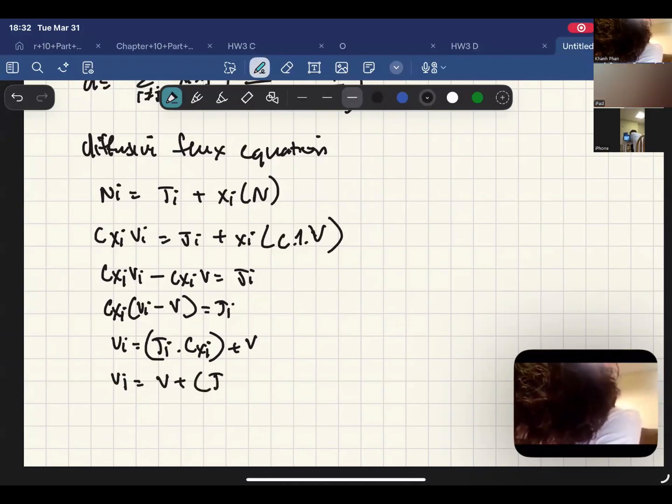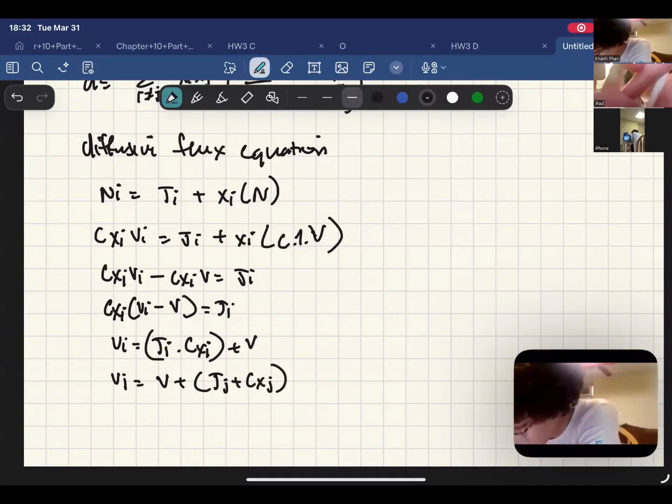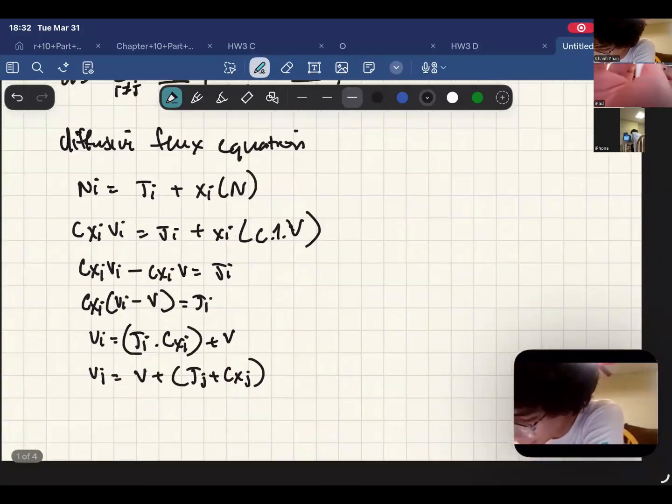And for v_j, it would be J_j over c x_j plus v, the mole fraction of species j. Then now we plug it back into our equation.